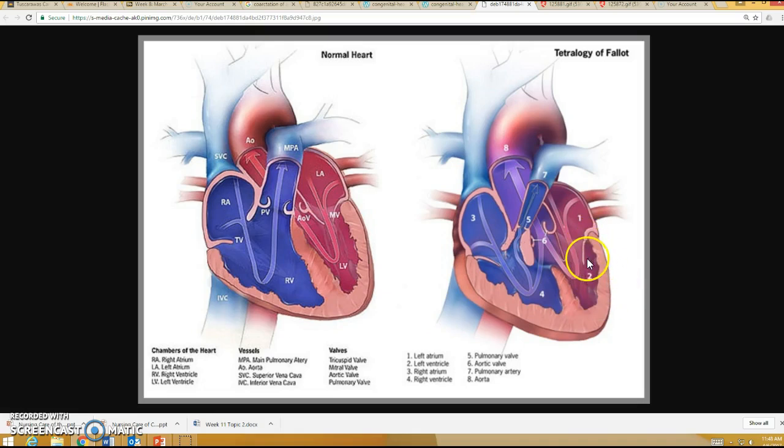It is not as muscular, nor is it as large as the normal heart. See the difference in the size of the ventricles here? So that is allowing that pressure to be greater on the right than on the left. Okay? So when this baby gets upset and the heart's pumping harder, this is going to get even more pressurized, creating a much more cyanotic event, otherwise known as the tet spell.